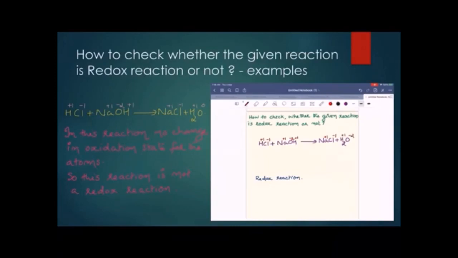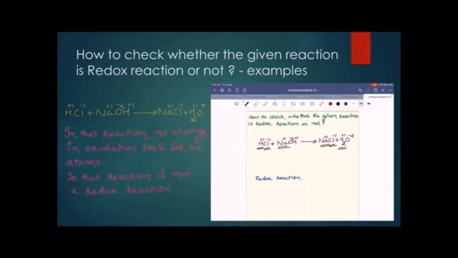We are going to check whether any oxidation or reduction happens. Is there any species which got a higher oxidation state in this reaction? Hydrogen +1, on the right side also, hydrogen +1, there is no change in the oxidation state of hydrogen. Chlorine atom, Cl-, there is no change in the oxidation state of chlorine.